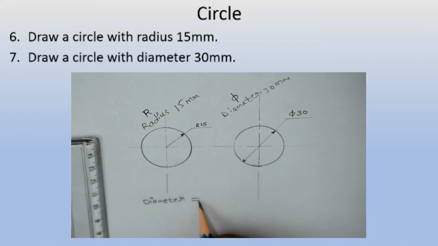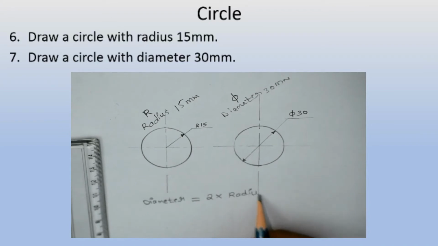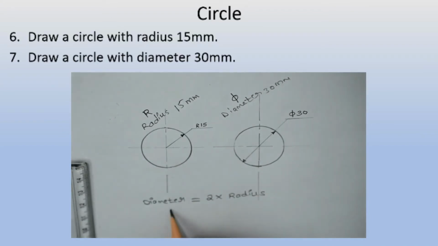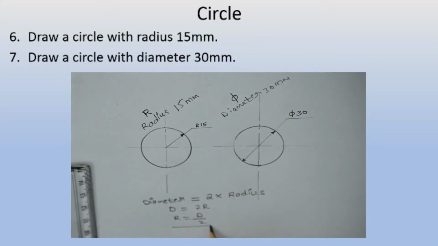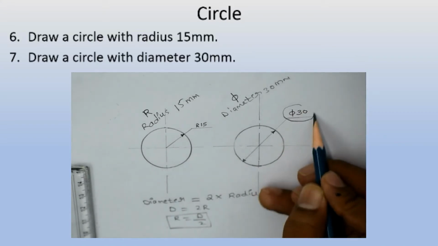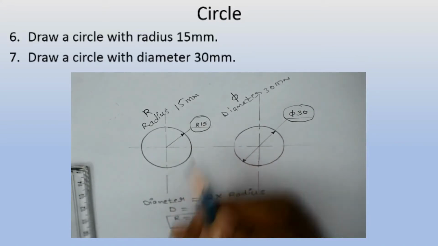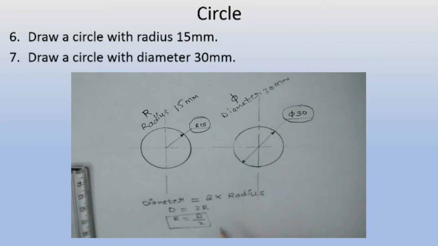Whenever a question is given in the exam, they take the radius wrong. That is why I am showing you here. Diameter is 2 times the radius. D is equal to 2R, or you can say R is equal to D by 2. That means radius is half the diameter. So even if it is given 30 mm diameter, you have to take the radius as 15 mm.